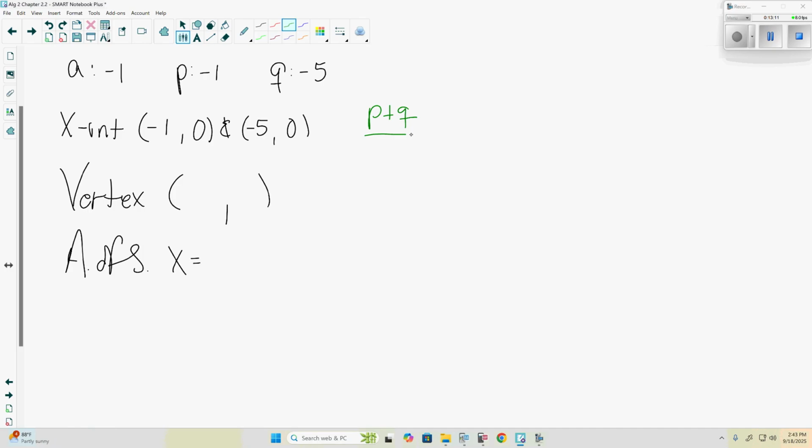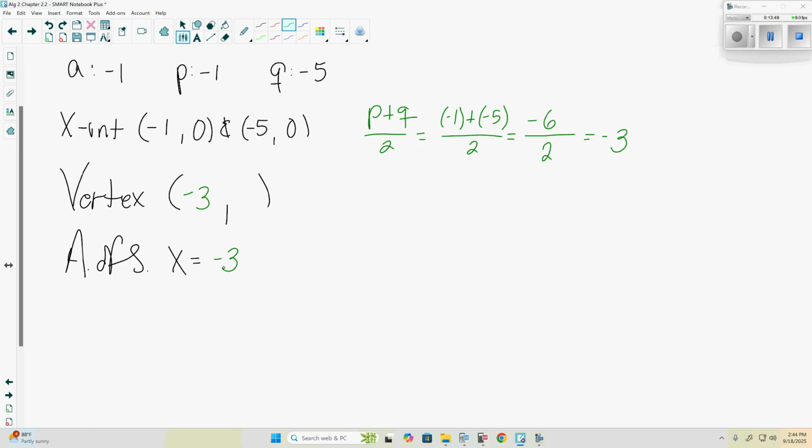P plus Q over 2, so it'd be negative 1 plus negative 5 over 2. Negative 1 plus negative 5 is negative 6, and negative 6 divided by 2 is negative 3. Incidentally, negative 3 is the middle between negative 1 and negative 5, because that's really all it is. The vertex and the axis of symmetry are going to be in the exact middle of our two x-intercepts.